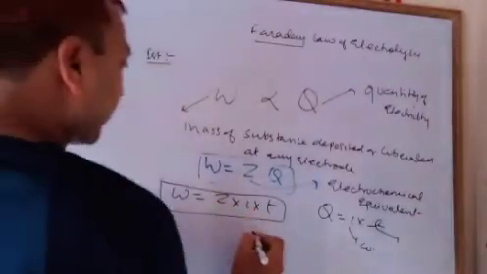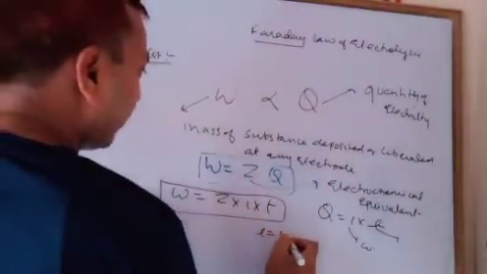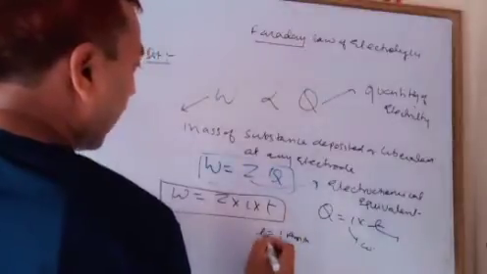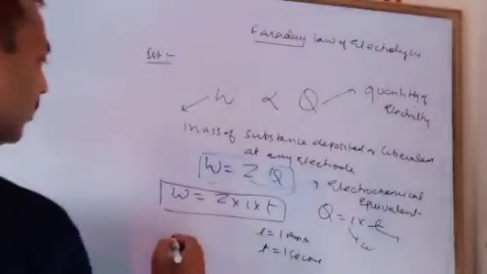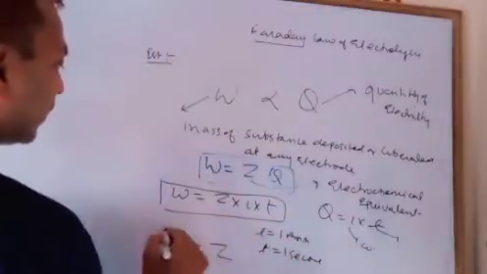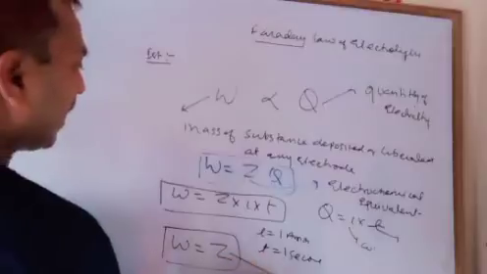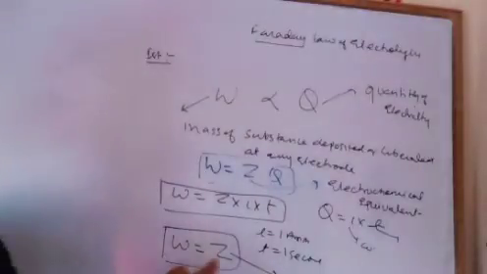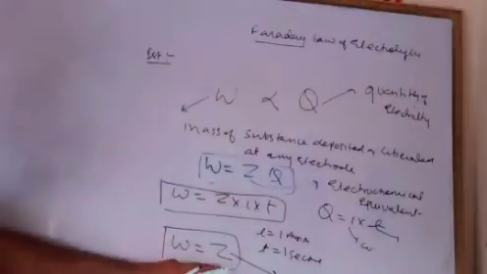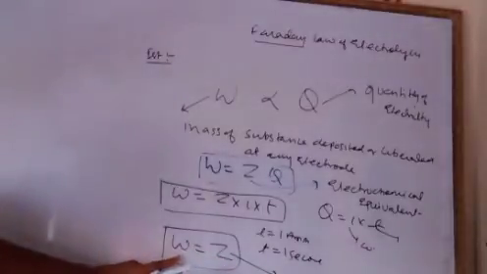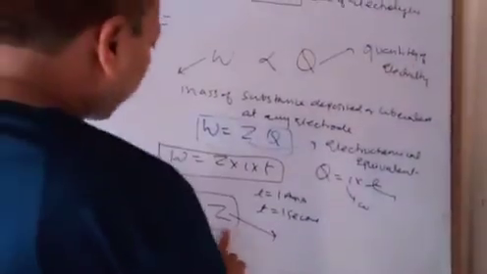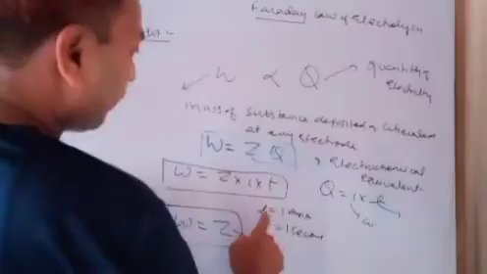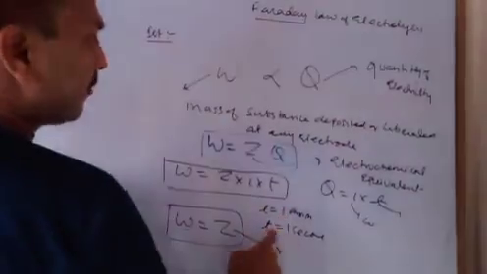Now if we pass a current of 1 ampere for 1 second, put this value, so this will be Z, which is our electrochemical equivalent. The electrochemical equivalent of a substance means the mass of substance deposited when a current of 1 ampere is passed for 1 second.